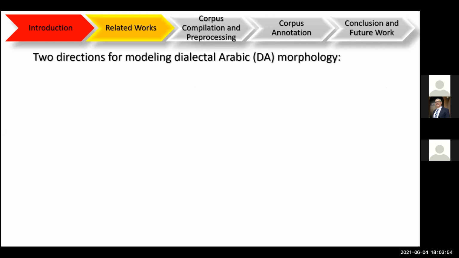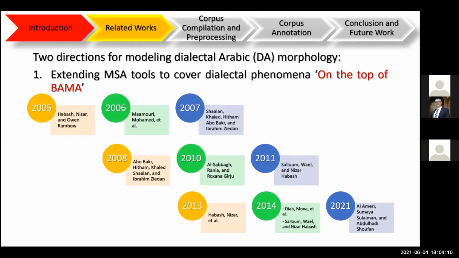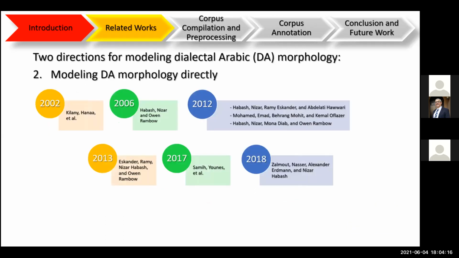When we check the related work, we find that there are two directions for modeling dialectal Arabic morphology. The first depends on extending the MSA tools to cover dialectal phenomena on top of the Buckwalter Arabic morphological analyzer, such as the indicated related works. The second direction is interested in modeling dialectal Arabic morphology directly.